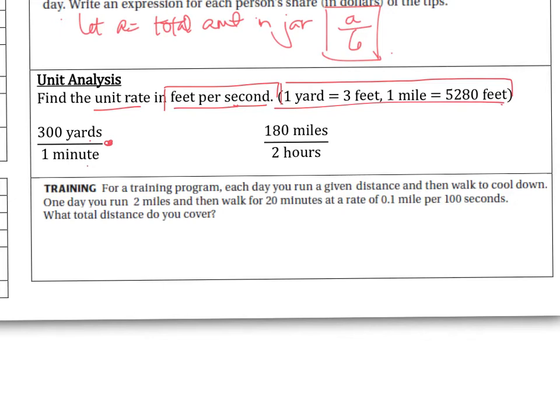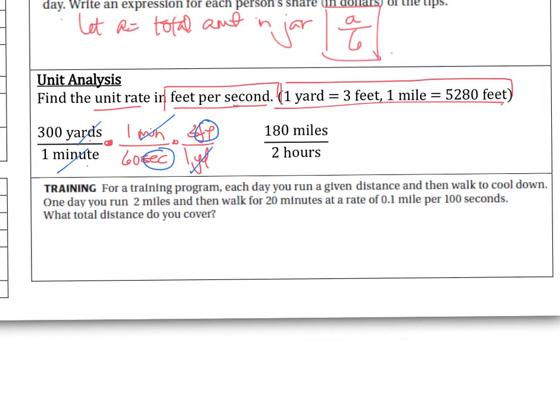So I know that there's 60 seconds in 1 minute, I could do 1 minute, 60 seconds. And multiply that by 3 feet to a yard. By doing this, I can cancel out the minute, I can cancel out yards, and I have feet per second.